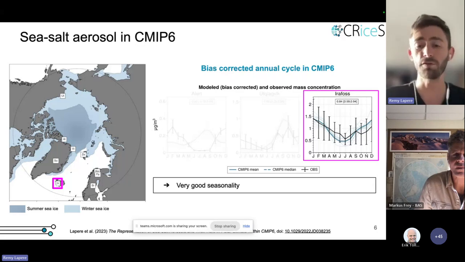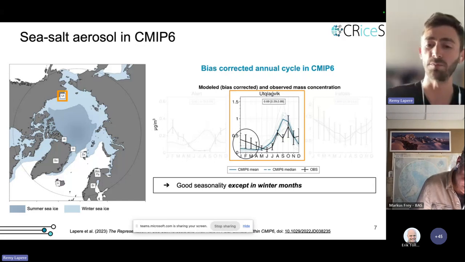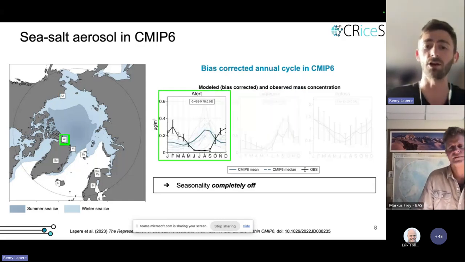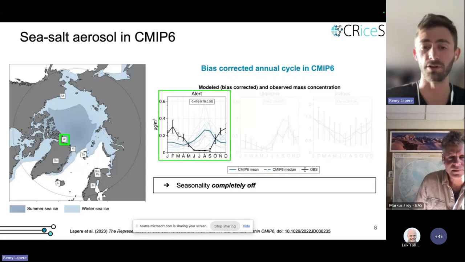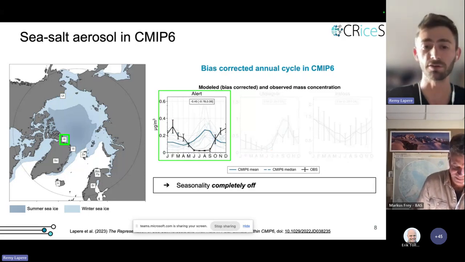If we go a bit more to the north, say at Utqiagvik in Alaska, we also get a fairly decent seasonality, but we miss that wintertime peak in sea salt aerosol that's in the observations, but not in the models. And if we dare go even more to the north and closer to sea ice, like at Alert, which is surrounded by sea ice throughout the year, you get that the seasonality is completely off.